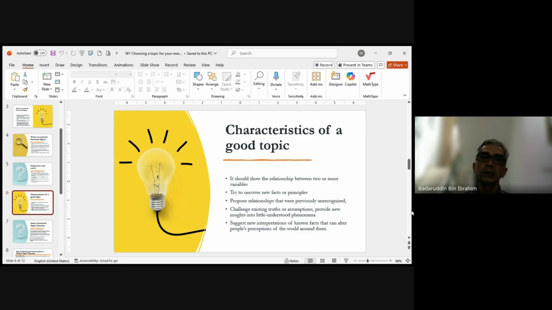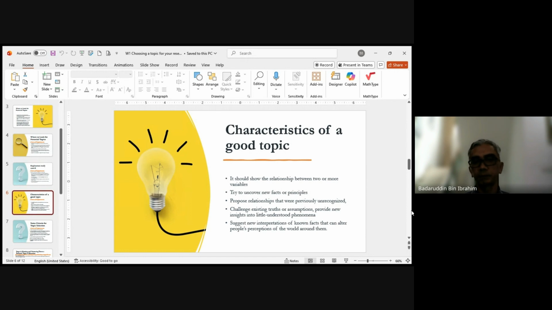And then challenge existing truth or assumption, provide new insight into little understood phenomena. For example, this is the exploratory research, as I mentioned earlier on the previous slide, I believe. Exploration, understanding the phenomena, is one of the things.